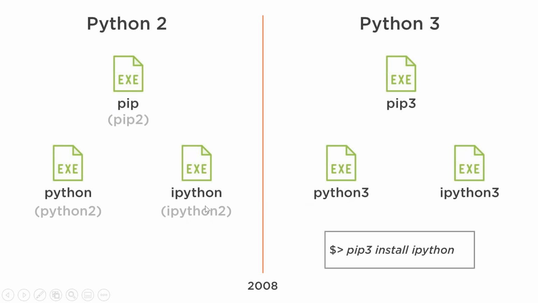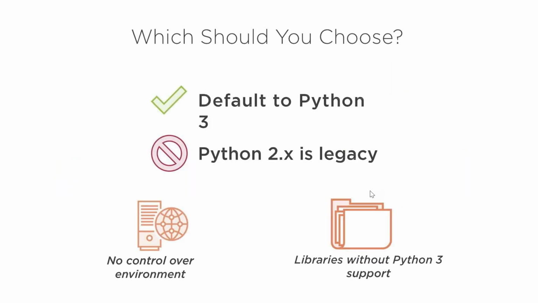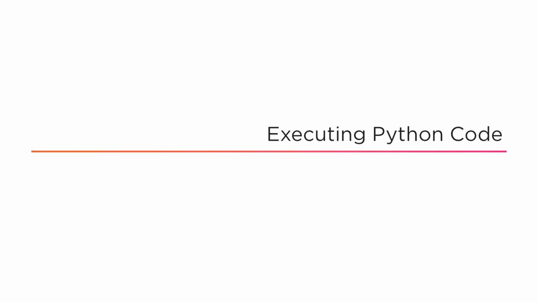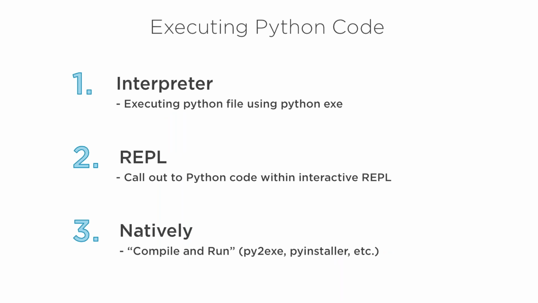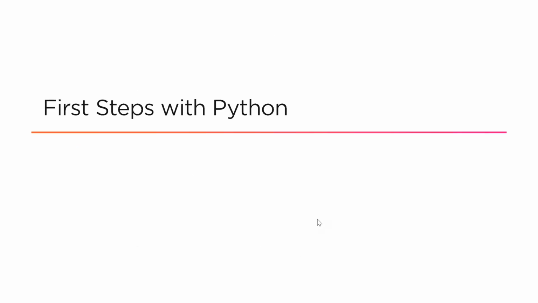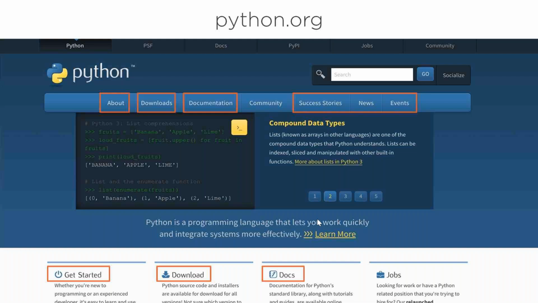IPython is an interactive program where you can write a program and learn. So you should use Python 3 for the time being. The interpreter we have, REPL, basically runs Python code in an interactive way, and natively also you can learn this.